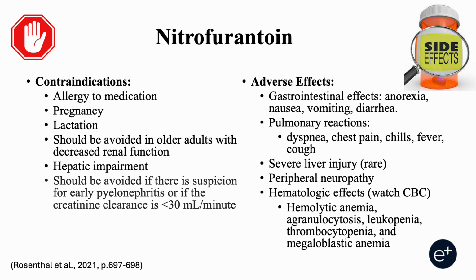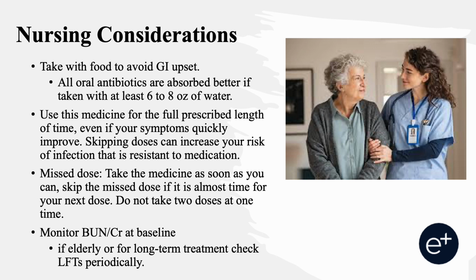Additionally, peripheral neuropathy and some hematologic effects such as hemolytic anemia, granulocytosis, leukopenia, thrombocytopenia, and megaloblastic anemia have been observed. So carefully monitoring the complete blood counts, known as CBCs, during treatment with Macrobid is important.